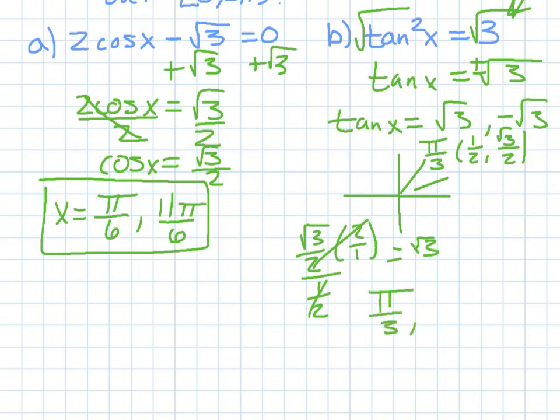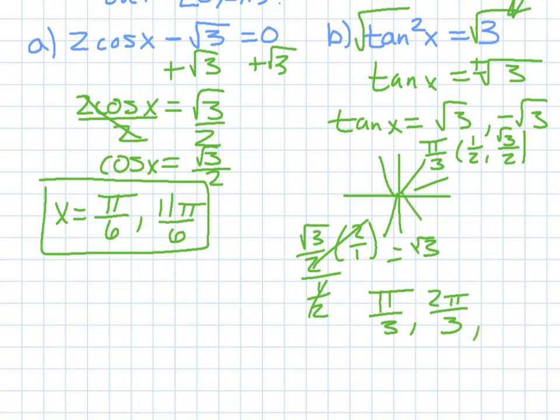Another place would be at 2 pi over 3. But that will be where it's negative square root of 3, because your x value is negative at that point, because it's negative 1/2. And then if I go down to 4 pi over 3, that's where both your values will be negative.